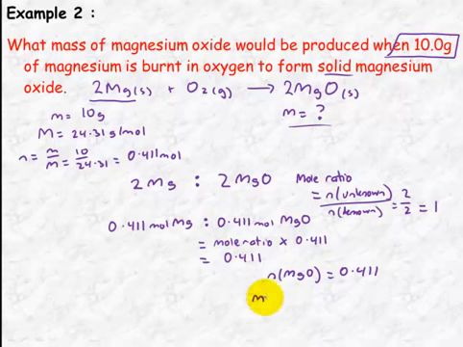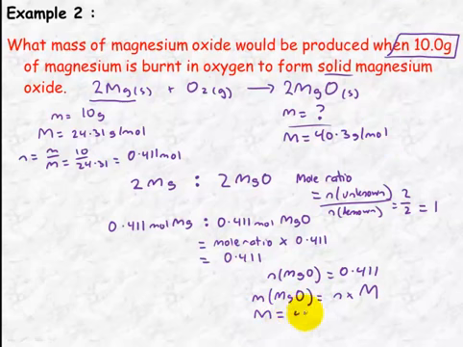So m of MgO equals n times big M, and big M equals 40.3 grams per mole. I'll just put that up the top as well. Big M equals 40.3.